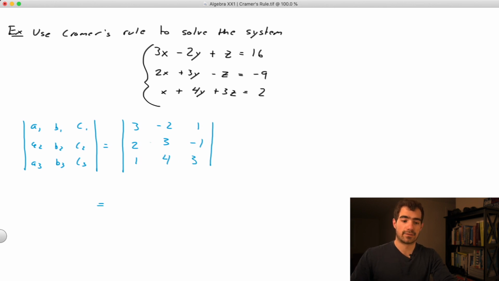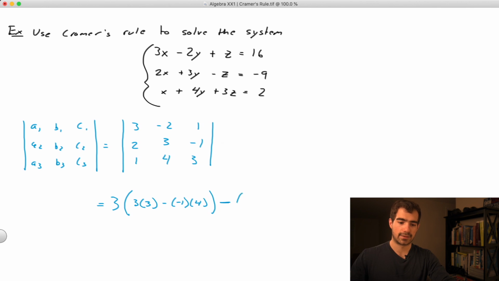To take the determinant of a 3 by 3, we'll start with our first term, 3, and multiply that by the determinant of the 4 that remain. So multiplying this diagonal here, that gives us 3 times 3, minus this diagonal here, so minus negative 1 times 4. And then we'll subtract. We'll look at our second term here. So that will be negative 2 times the determinant of the matrix formed by these four values.